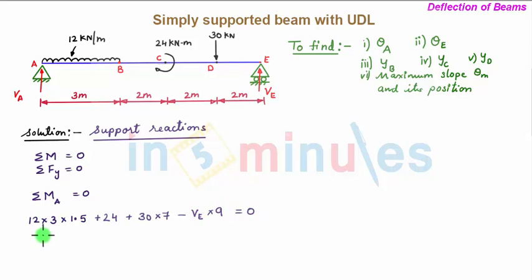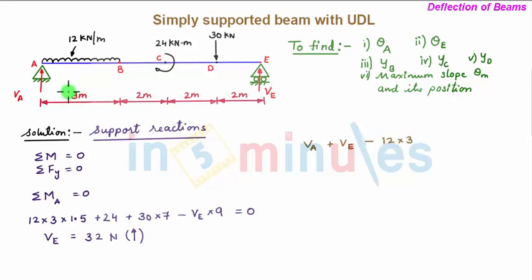Now solving this, we get the value of VE as 32 kN. Since it is positive, the support reaction VE is upward, so our assumption is true. Now apply the next static equilibrium equation, summation of Fy equal to 0. The sign convention is all upward force is positive and downward force is negative. So we have first upward force VA plus second upward force VE minus this downward force due to the UDL, whose magnitude is 12 multiplied by 3.